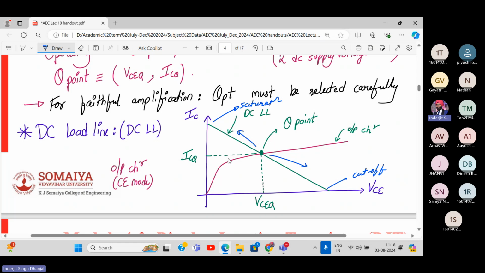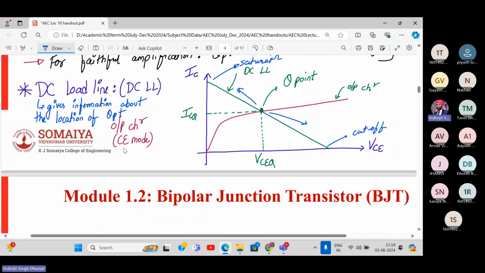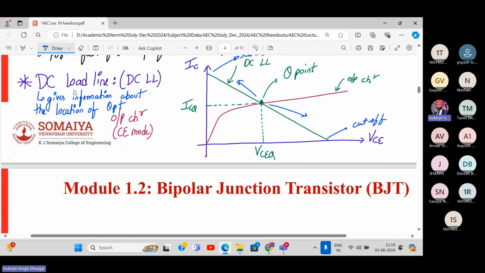So that is what the DC load line is. The DC load line gives you information about the location of the Q point. So write down: DC load line gives information about the location of Q point. And how do we find the Q point? How do we find the Q point?